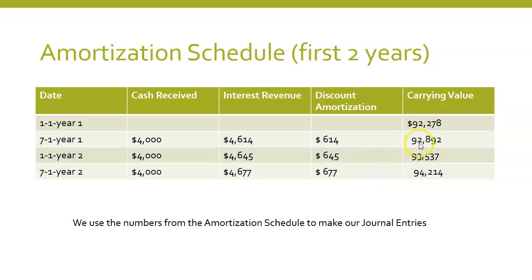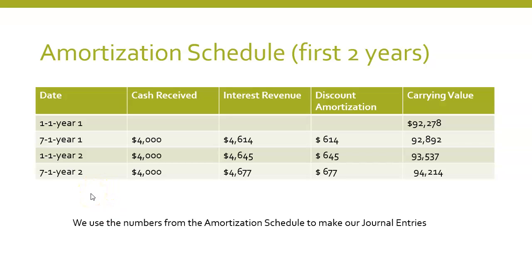We'll take the previous balance, 92,892, times 10% times 6/12, okay? And that gives us our interest revenue that we're going to record on that day. The difference between those is the amortized discount. We add that to the previous carrying value to get the new carrying value, 93,537.